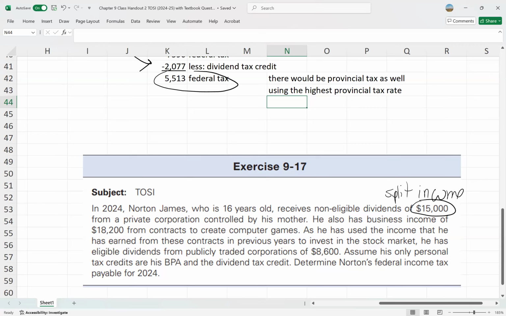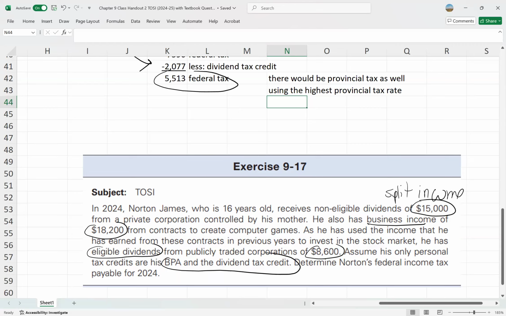So there's no discussion about whether he contributes to the company or not, so we just assume that he doesn't. So this is going to be the split income, but he also has other income. He also has business income of 18,200, and he also has a bunch of stocks, and those stocks paid him eligible dividends of 8,600. His only tax credits are the basic personal amount and the dividend tax credit.